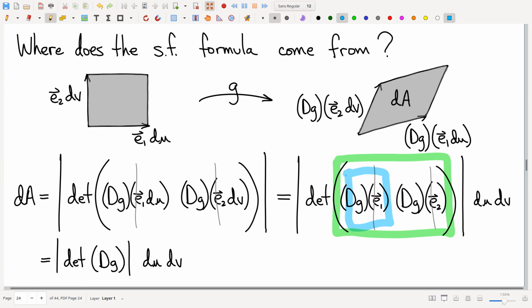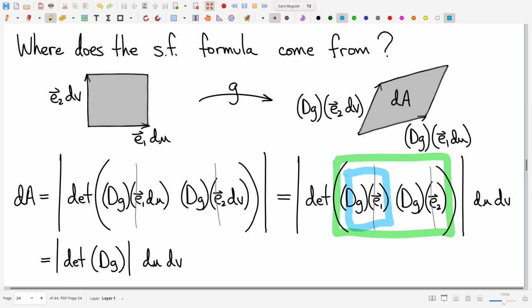Wait a minute, what happens when you multiply a matrix times a standard basis vector, old linear algebra fact? Matrix times standard basis vector gives you the corresponding column of that matrix. So what I have in blue here, this is the first column of dg. Okay, let me say that again.